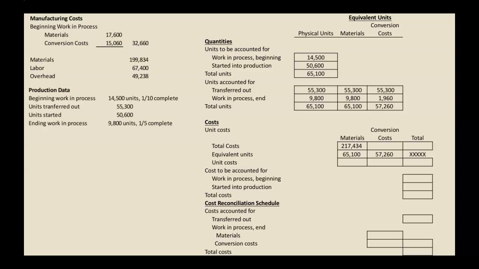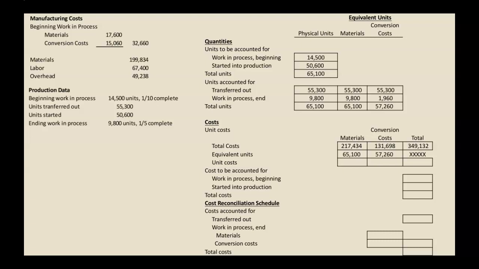And then as I said earlier, your conversion costs are your labor and overhead. So we take that 15,000 and we add in the 67,000 for labor, and the $49,000 for your overhead, and you get a conversion cost total of $131,000. Now you add those two together, your materials and your conversion costs, and you get this $349,132. That's the total cost of this production.